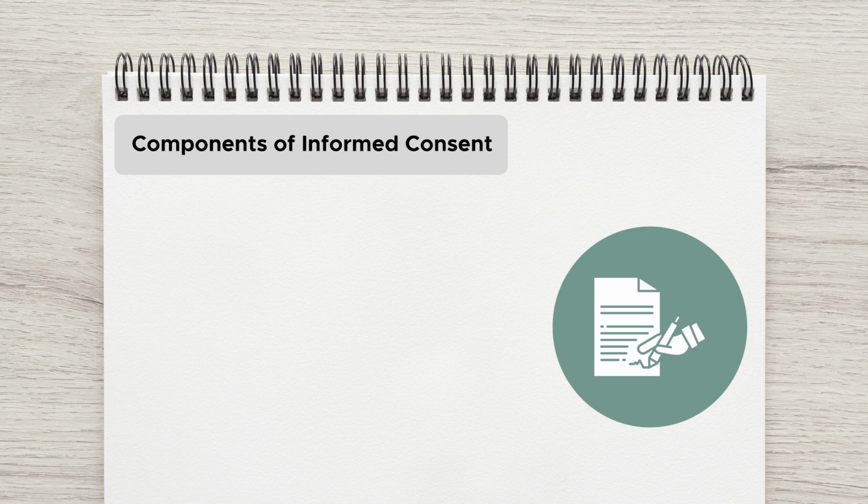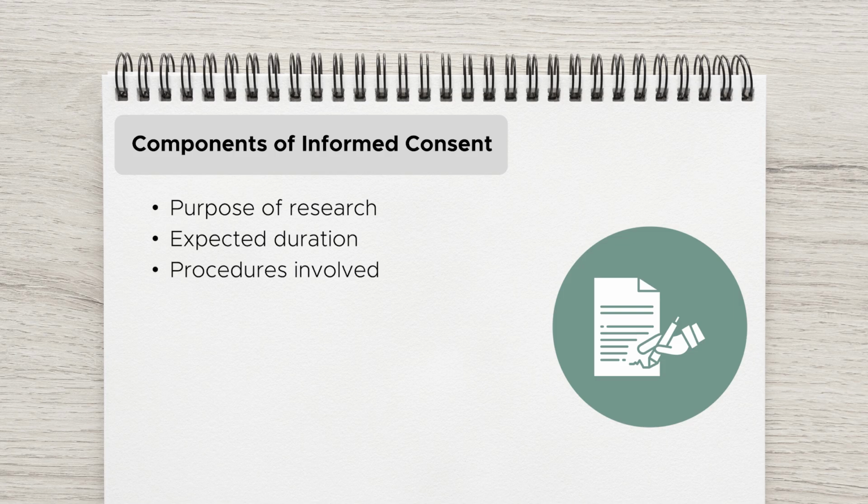The informed consent text must clearly write down the purpose of the research, how long the research will last, what are the procedures involved in the research process, the risks and discomforts that may emerge from the research process, and the potential benefits that may result from the research.